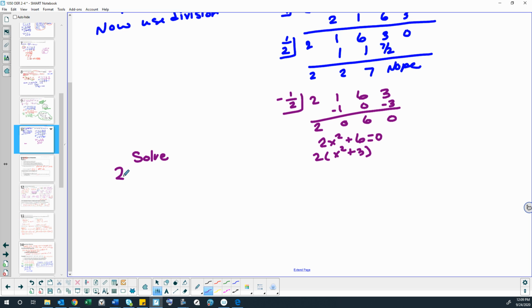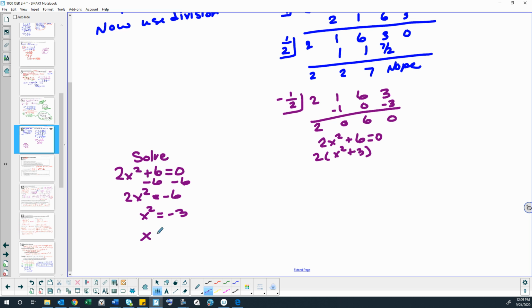So you could either do this with the whole leftover thing equals 0 and move over the 6 to the other side. I guess that would be a 2. And then divide out the 2. That takes us to this point here, so that 2 didn't even really matter, right? When we factored out the 2, we don't do anything with the 2 to help us find the solution because the 2 would just divide out.